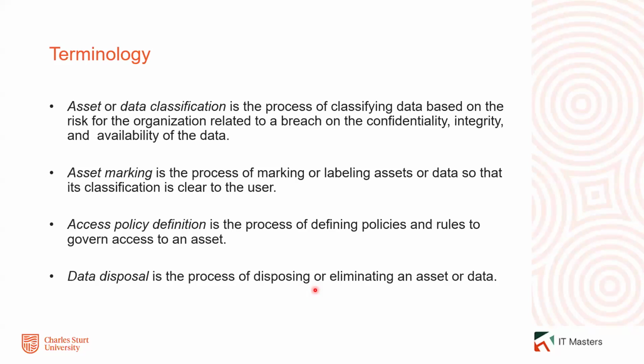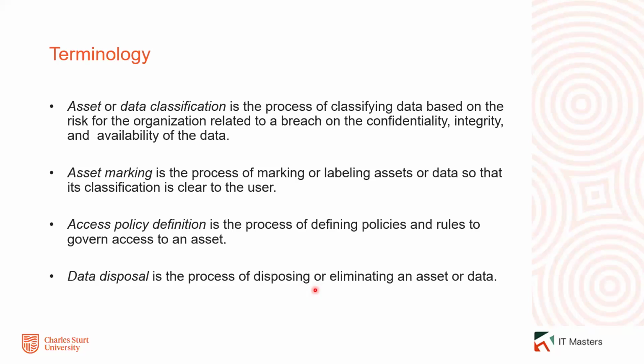Asset marking is simply the process of labeling an asset with whatever classification it's been identified as. So classification is determining what label should be applied to the asset, and marking is applying that label.